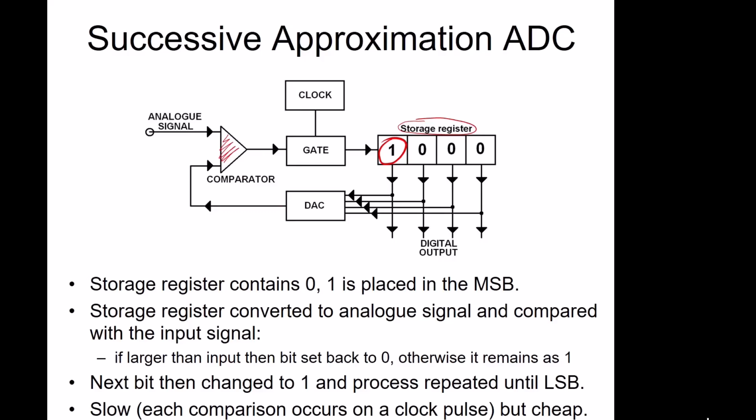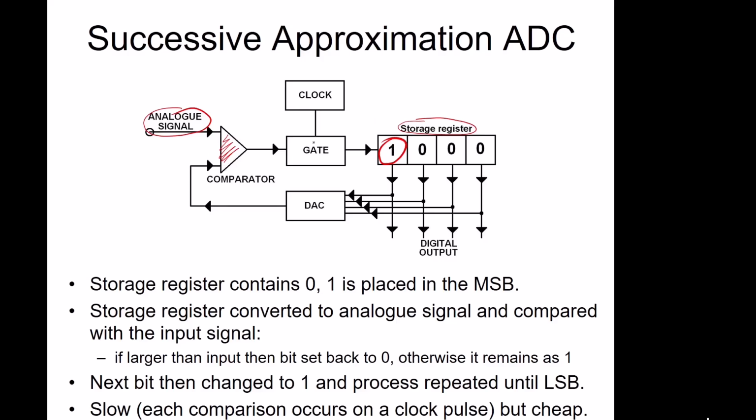This value is then compared to your input signal. If the input signal is smaller than this value from the DAC, then it means this value is too high, and therefore this 1 gets changed back to a 0. If, on the other hand, the analog signal is greater than this output from the DAC, then it means the DAC value is currently too small, and therefore we keep this 1 in this place.